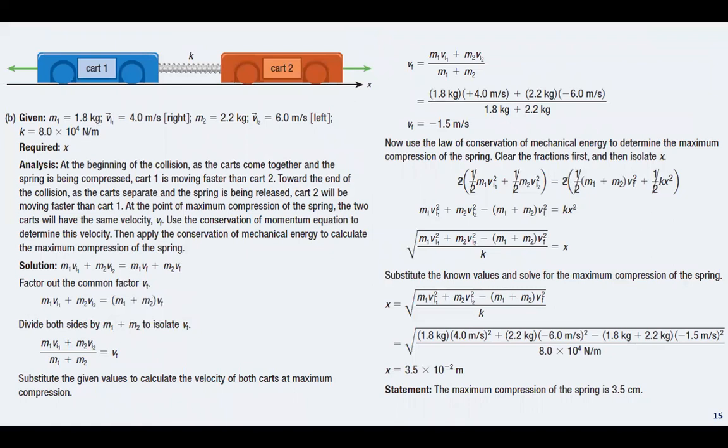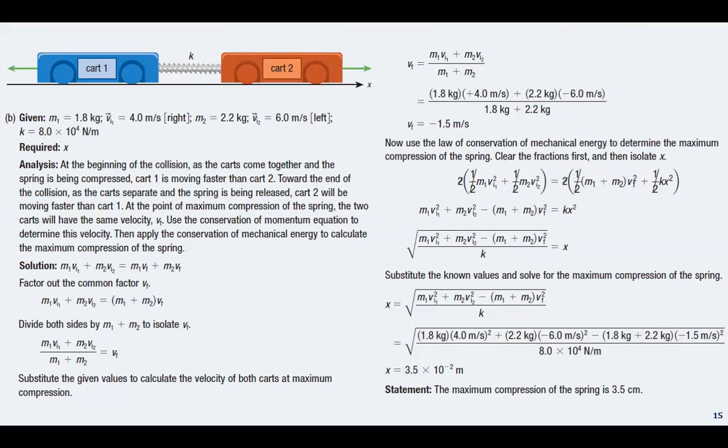Toward the end of the collision, as the cars separate and the spring is being released, car 2 will be moving faster than car 1, right? At the point of maximum compression of the spring, the two cars will have the same velocity, vf. Use the conservation of momentum equation to determine this velocity, then apply the conservation of mechanical energy to calculate the maximum compression of the spring.